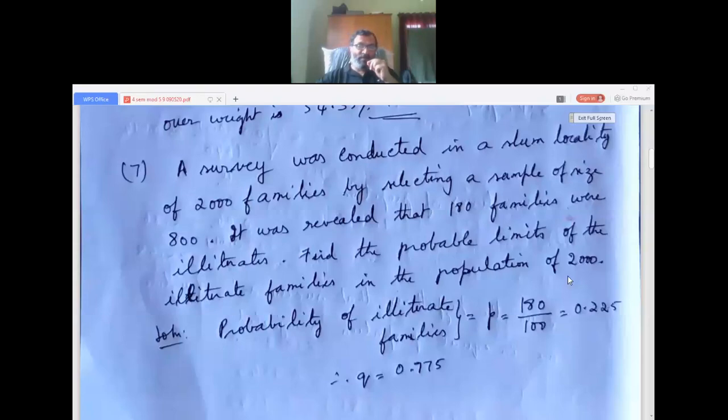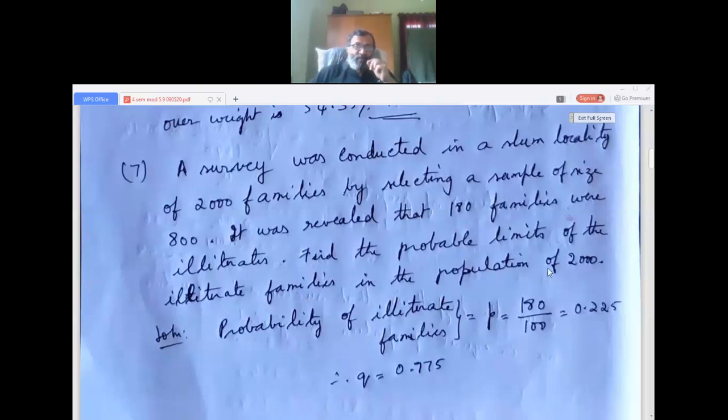So once again, I will just read it. A survey was conducted in a slum locality of 2000 families by selecting a sample of size 800. Hope you understand the sentence. When the survey was done, it was revealed that 180 families were illiterates. So find the probable limits of the illiterate families in the population of 2000.